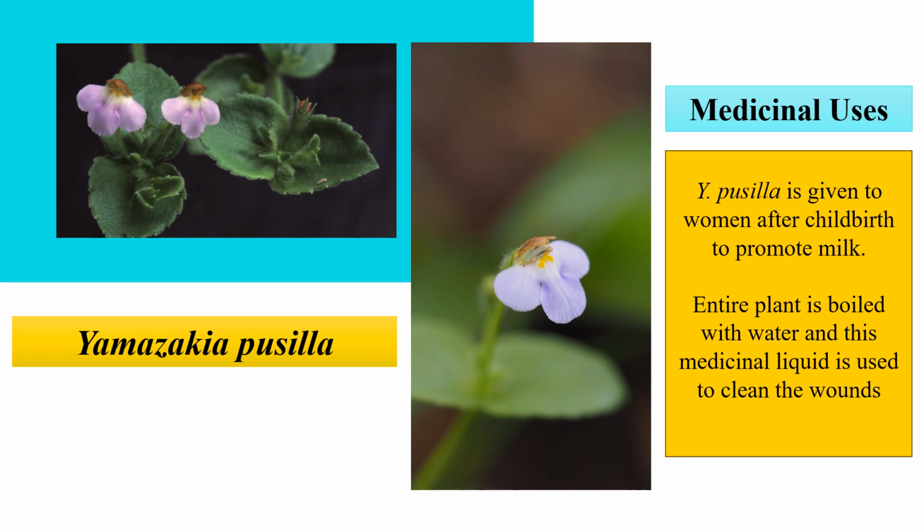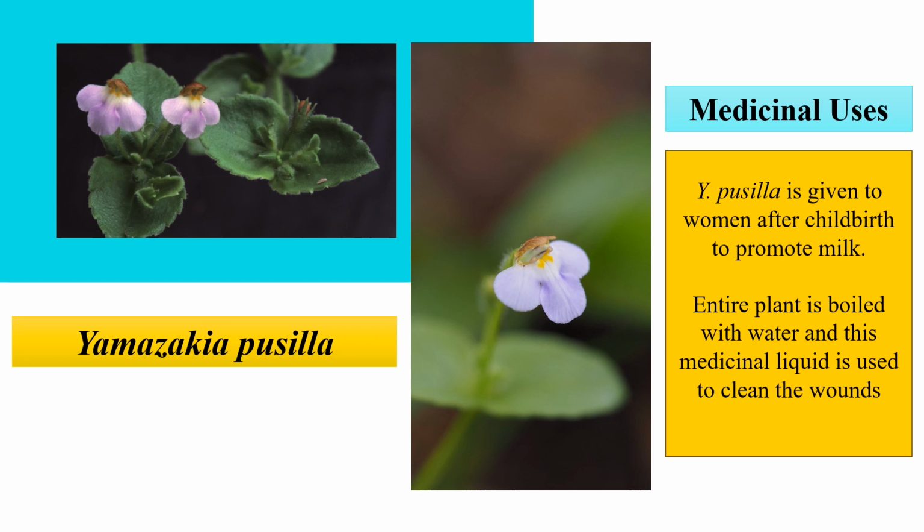Now, Yamazakia pusilla or Lindernia pusilla. It is a sub-erect annual plant with a branched stem. The flowers you can see in the picture are white or light violet in color, and sometimes bright violet, and they have a yellow tinge near their throat. This species is mainly found in wet places, in rice fields, and in open areas in forest.